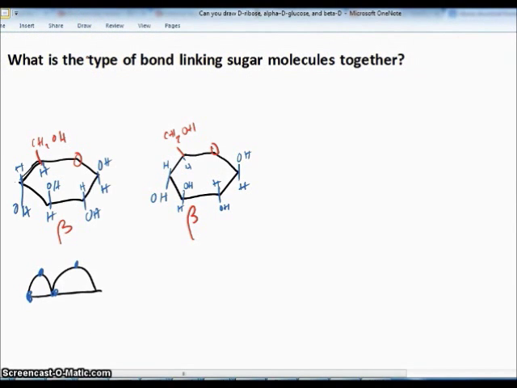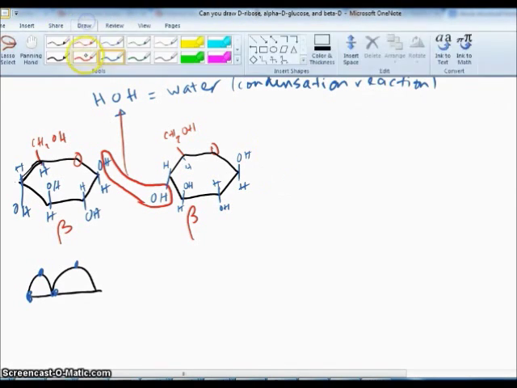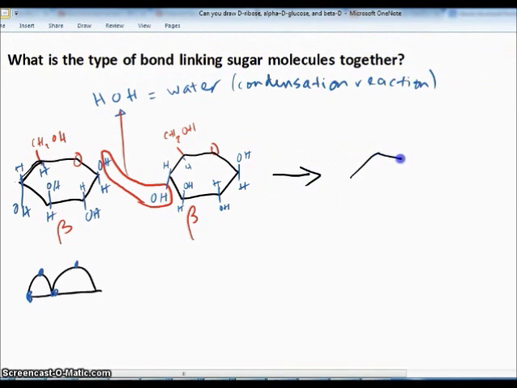Now, if these 2 beta glucose want to join together, they will join between these 2 atoms, and that will produce an HOH, or water, and this is called a condensation reaction. Now, once the condensation reaction happens, we still have the 2 rings of sugar joined together. However, something happened.